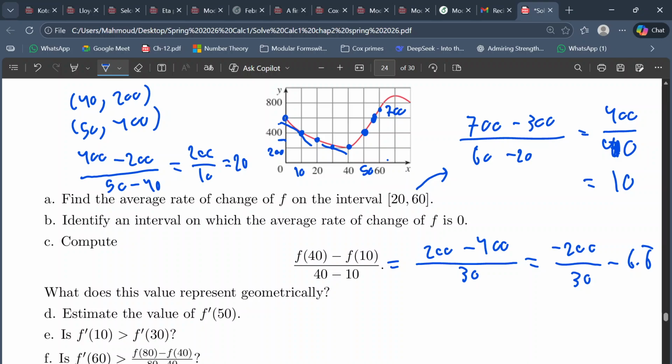They are both negative, right? Now, if they are both negative, this is more negative, right? So it's less than f prime of 30. So this inequality is not correct, because f prime of 10 is less than f prime of 30, because this one is more negative.